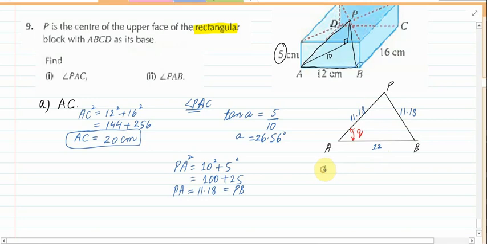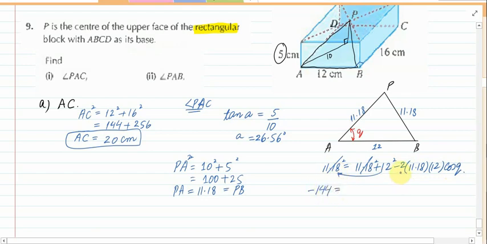So it will be 11.18 square is equals to 11.18 square plus 12 square minus 2 times 11.18 times 12 times cos Q, right? So this 11.18, this 11.18 cancel each other. 12 square is 144. When you shift it on the left side, it will be negative 144.